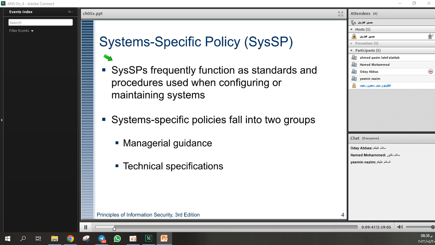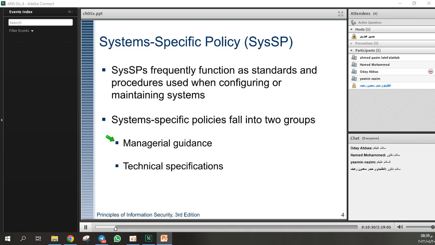sometimes I can prepare some policy based on the systems. We call it system-specific policy. It means that I have a system inside my organization, and I need some policy related to the standards, procedures, and configuration of that system, how I can maintain that system, how I can use that system.